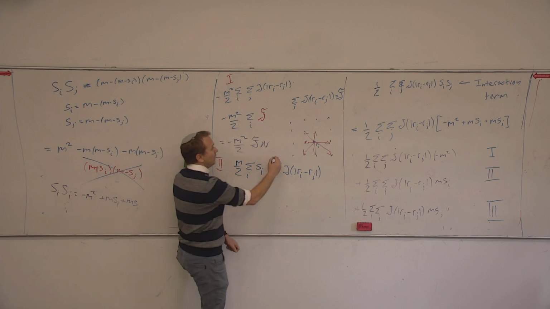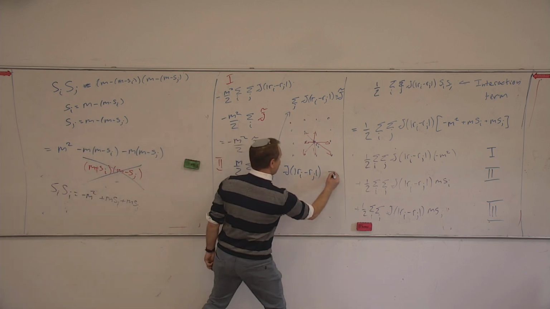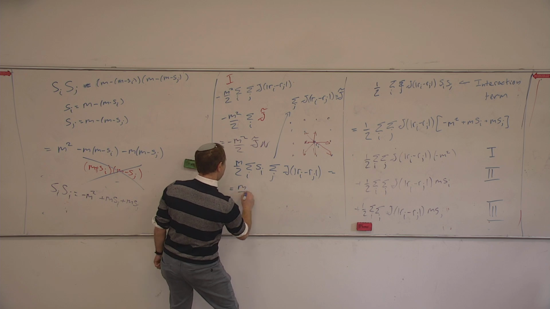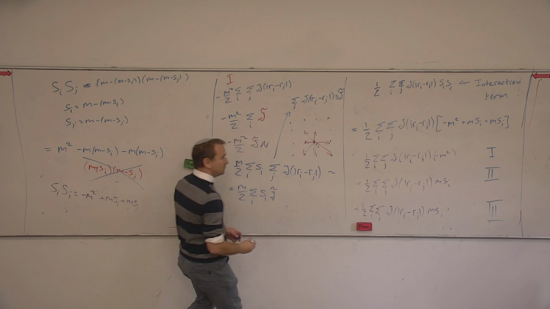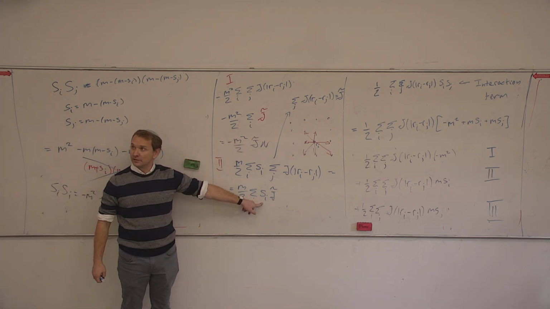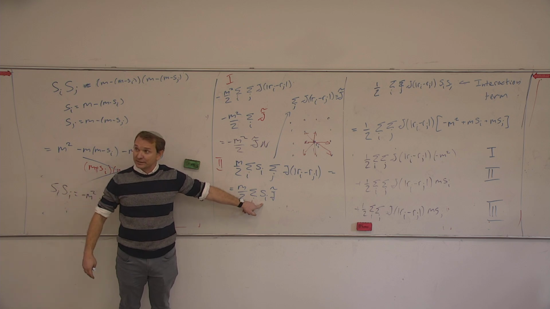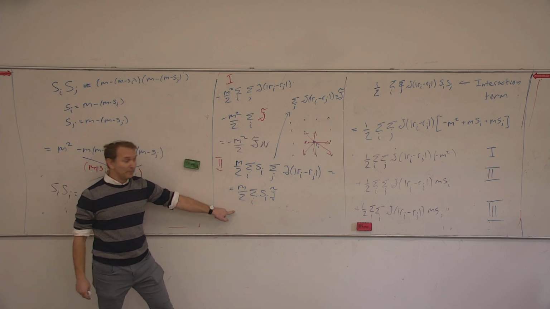This sum is whatever we had before. So it is simply m divided by 2, a sum over i, s_i, multiplied by J tilde. Well, I don't know what the different s_i's are. They can be 1, they can be 2, they are random variables. But this is just one single sum.